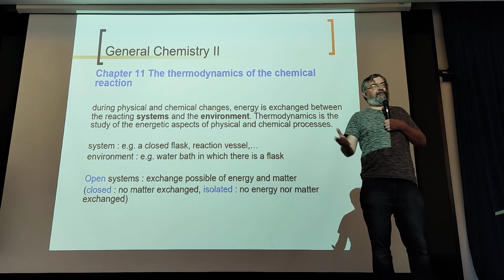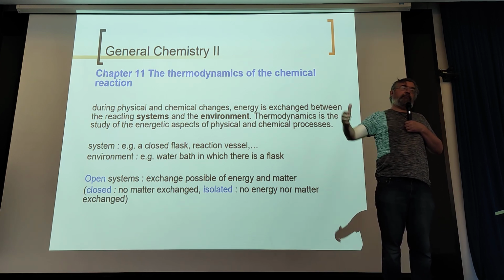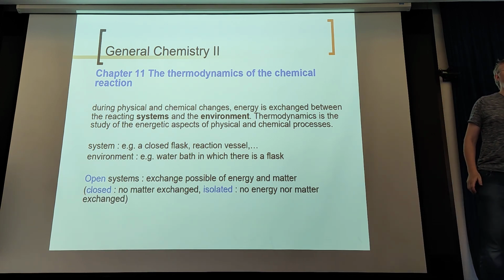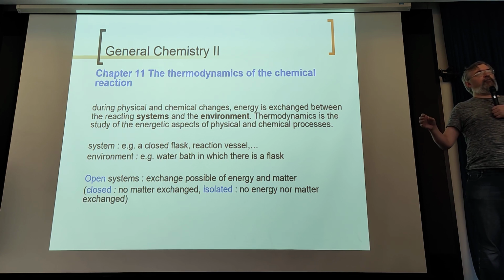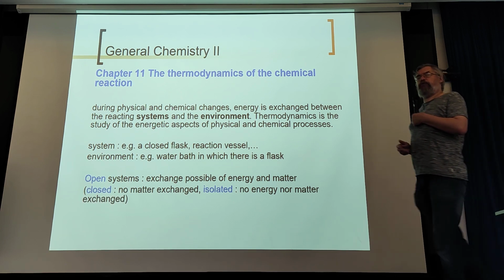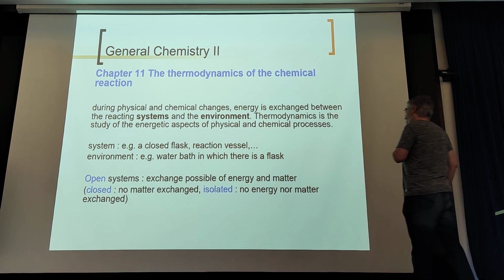Maybe there's a water bath where you're taking the heat of the reaction, or maybe putting heat inside the reaction. So the heat is going to go from the system to the environment, or from the environment to the system. These are of course two different situations which we have to take into account when we discuss the thermodynamics of a reaction.